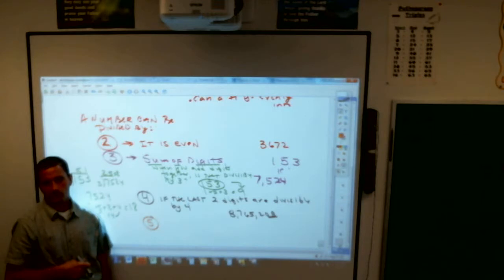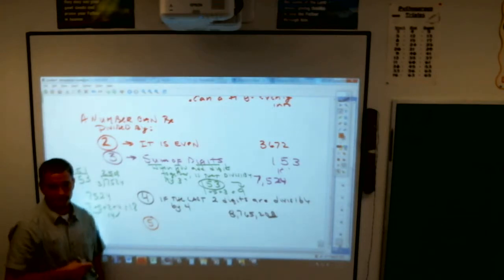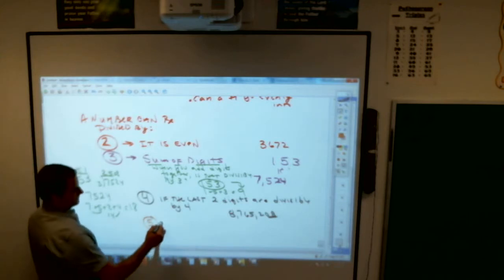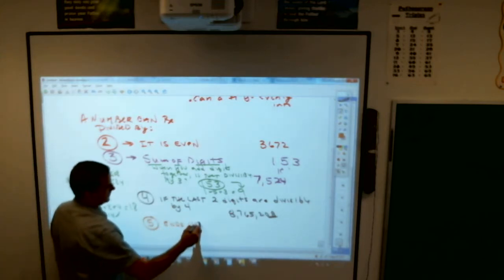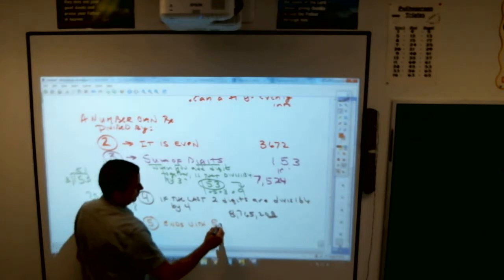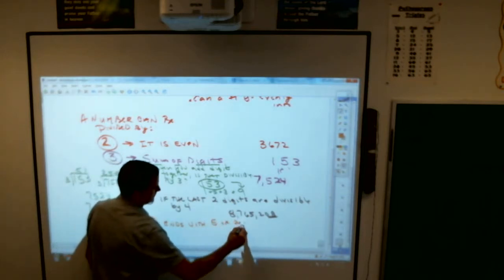What do you always get when you multiply by 5? Madison? The digit either ends in 0 or 5. Yep. If it ends with a 5 or a 0.